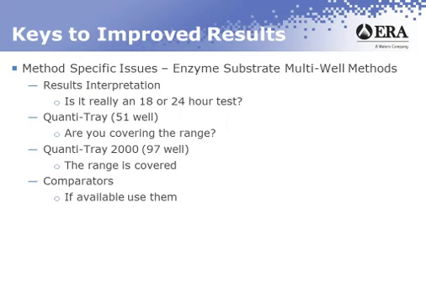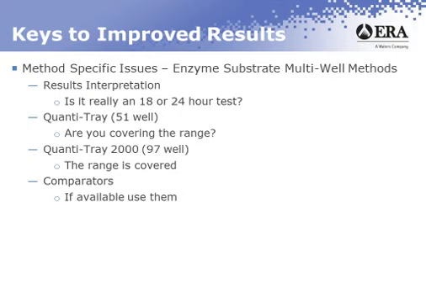Comparators. Ideally, every manufacturer of enzyme substrate method would be required to have a comparator. Fortunately, they're not, so not all of them do. If there is a comparator, you need to use it. As most of you know, a comparator really distinguishes the threshold for what they consider to be a positive result from a negative result.